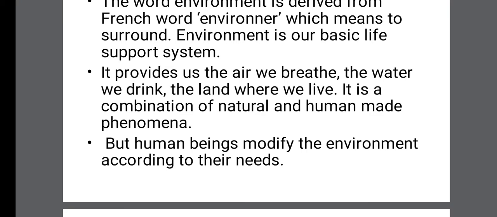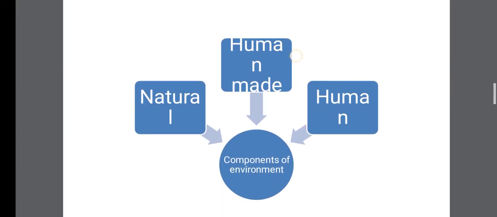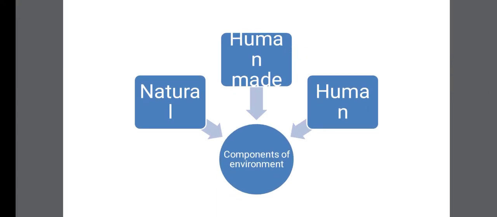So, keeping these things in mind, we will now study the three components of environment: natural environment, human-made environment, and the human environment. Natural environment includes natural things like birds, animals, plants, and land, air, water, which are present naturally.